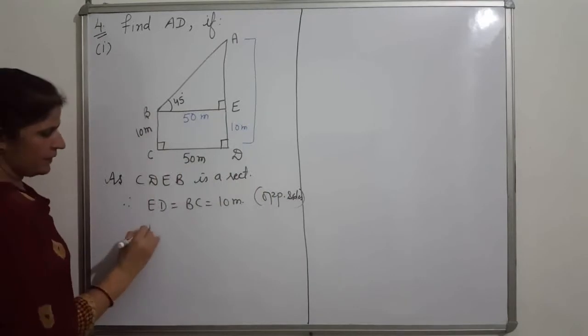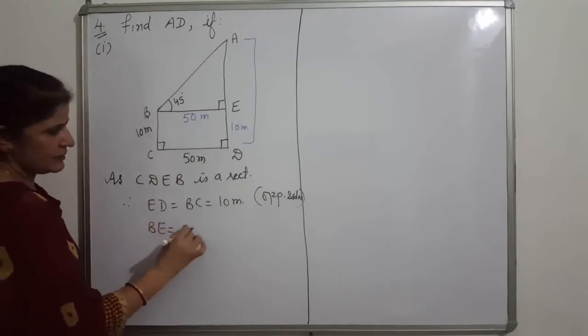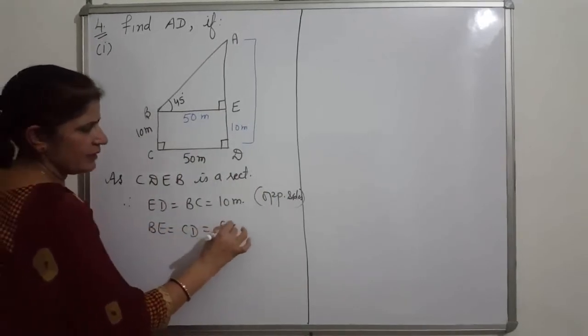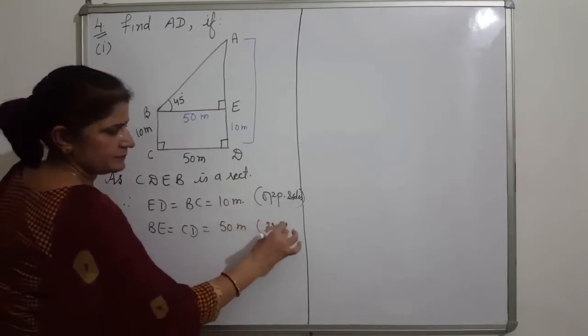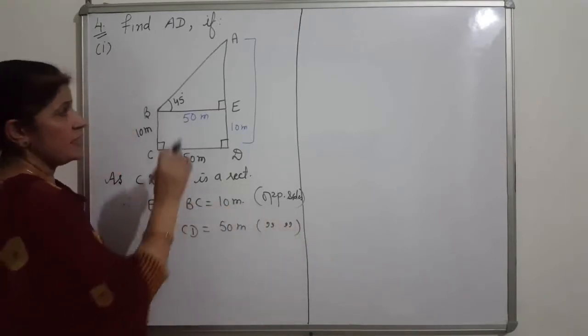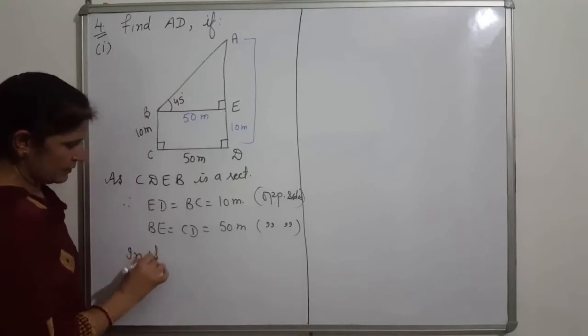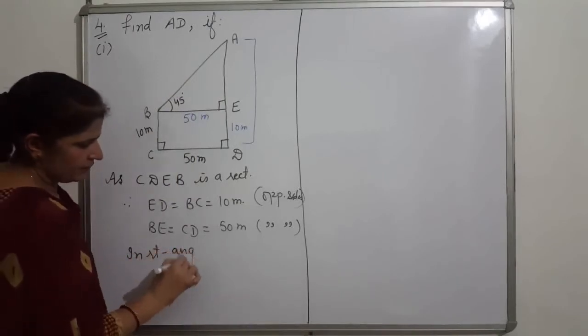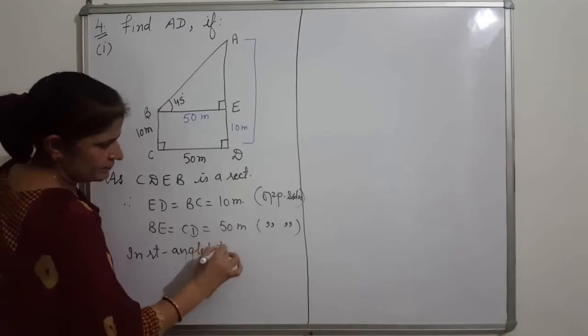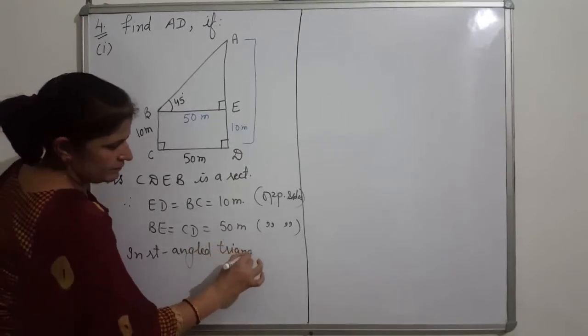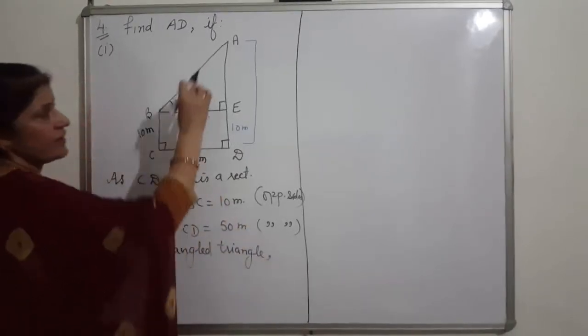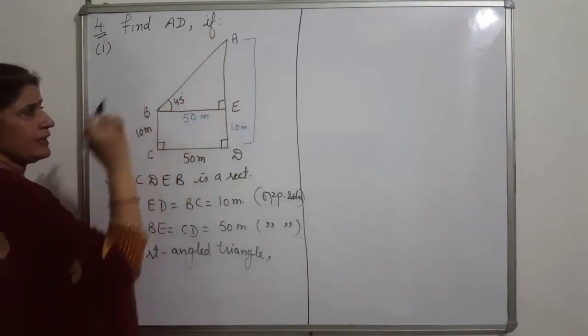Secondly, BE equals CD equals 50 meter, the same as BC, opposite sides. Now we will take this triangle in right angle triangle. Which triangle? AEB.